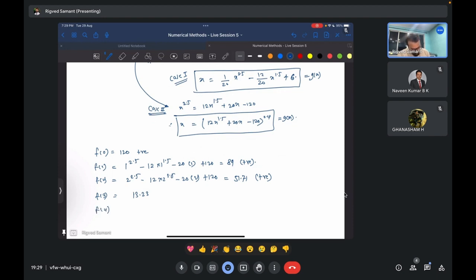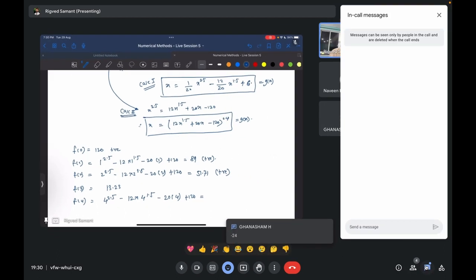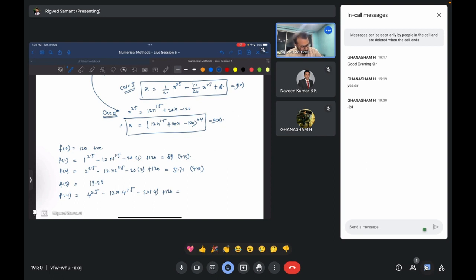f of 4, can somebody tell me f of 4? 4 raised to 2.5 minus 12 into 4 raised to 1.5 minus 20 into 4 plus 120. It is minus 24, right?